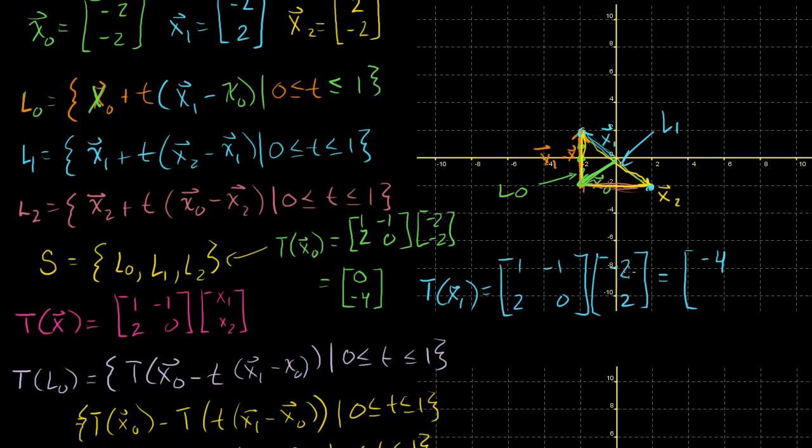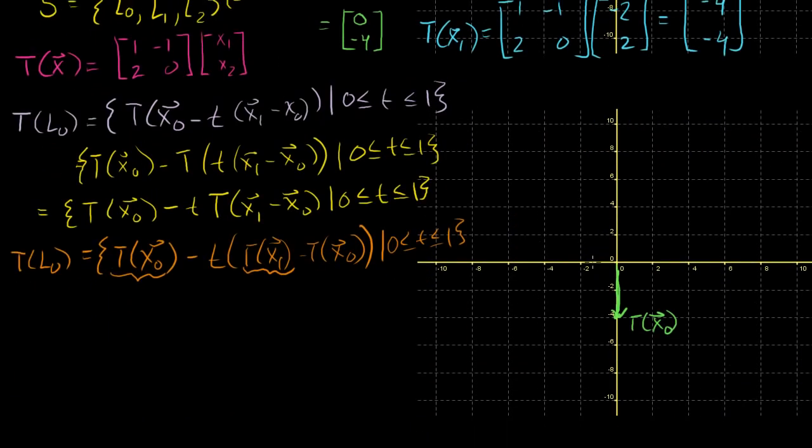And then 2 times minus 2 is minus 4, plus 0. So the transformation of x1 is minus 4, minus 4. So it looks like this. Our transformation of x1 is this vector right here in R2. Right? Our transformation is going from R2 to R2, so that's why I'm able to draw them both on this nice Cartesian coordinate plane.